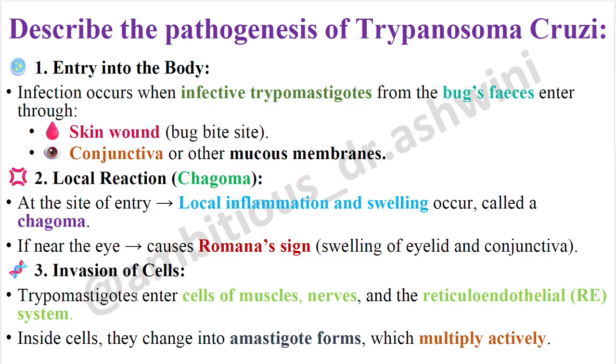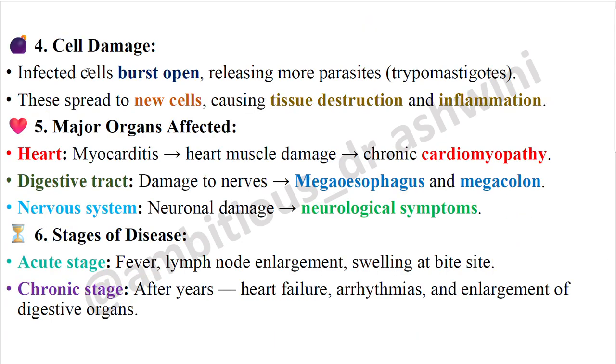Invasion of cells. Trypomastigotes enter cells of muscles, nerves, and the reticuloendothelial system. Inside cells, they change into amastigote forms which multiply actively. Cell damage. Infected cells burst open, releasing more parasites, which are trypomastigotes.